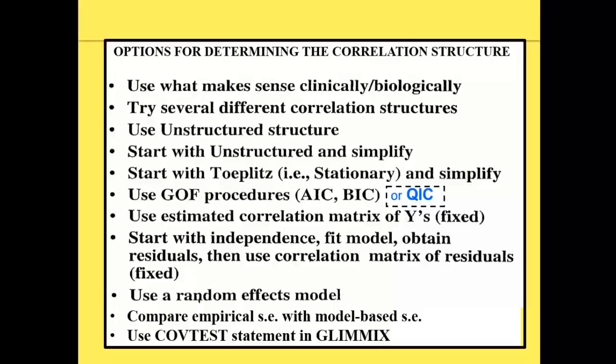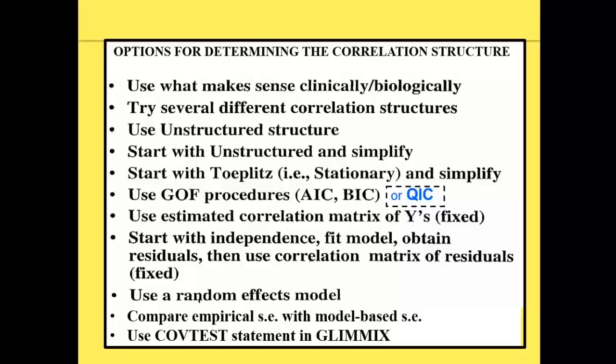So it doesn't make sense to use AR1 as a measure of the correlation between the blockage scores, the 0 or 1 scores on each of the bypasses on a given person. So what makes sense clinically or biologically if you're using the aspirin bypass data is exchangeable. That makes a lot more sense than AR1, and a lot more sense than even stationary, which allows the correlation to be different for different pairs.